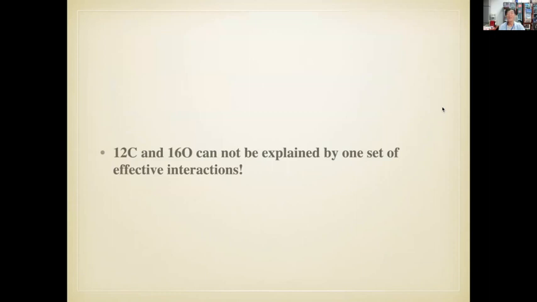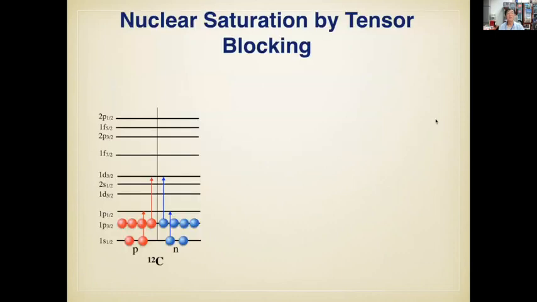Okay, now this is an interesting question. Carbon-12 and oxygen-16 cannot be explained by one set of effective interactions, even if you start from the shell model, or from the cluster model, whatever. But now, it's very important. If you configure carbon-12 like this, this is the base before excitation. In this case, nucleons in the S state can be excited to P1/2.